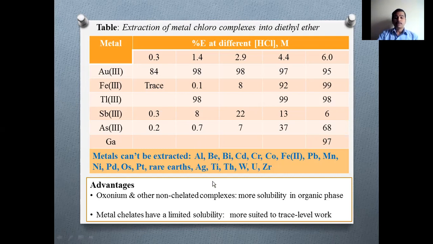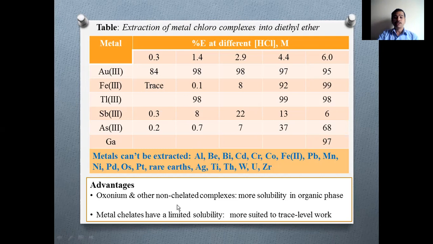All right. So let us compare the overall advantages of these non-chelated, chelated, and oxonium systems. These oxonium systems and other non-chelated complexes, when you look at the features, more solubility in the organic phase can be expected.